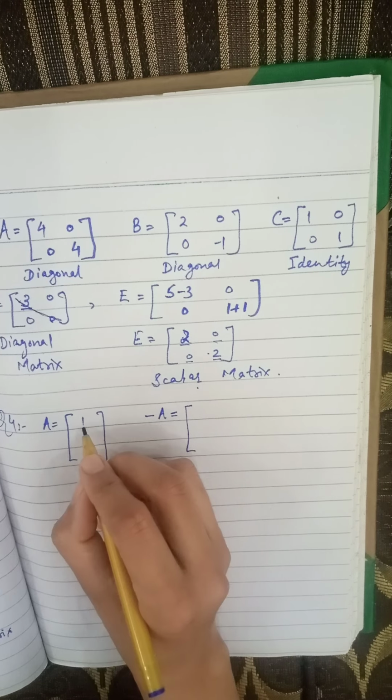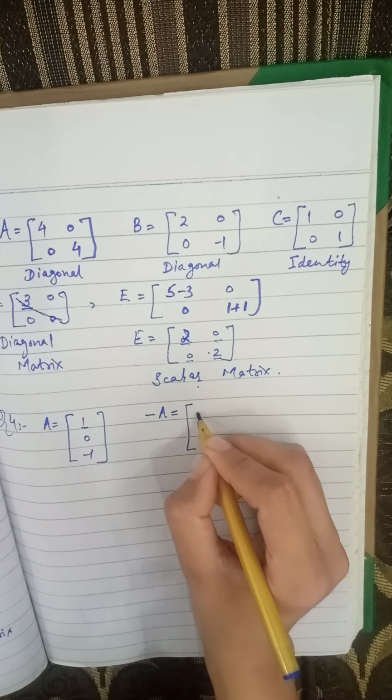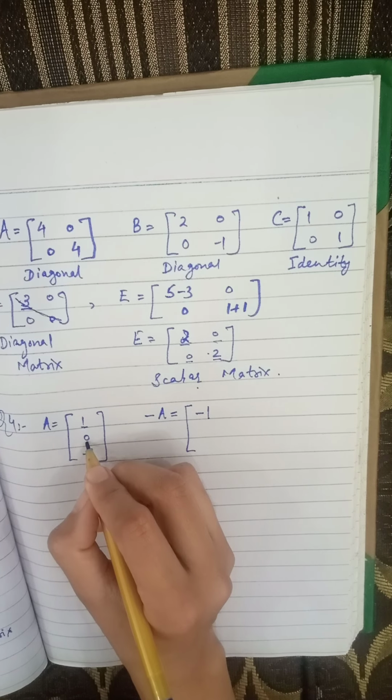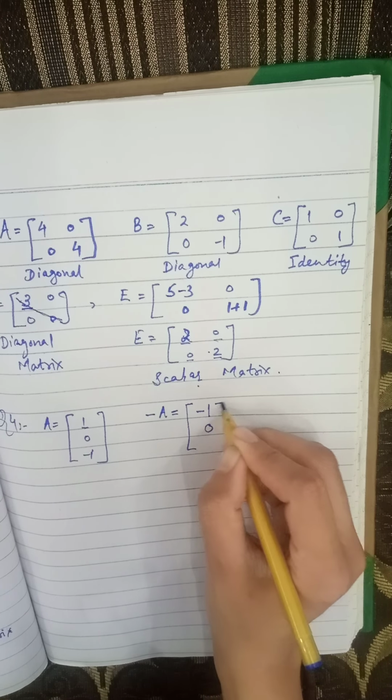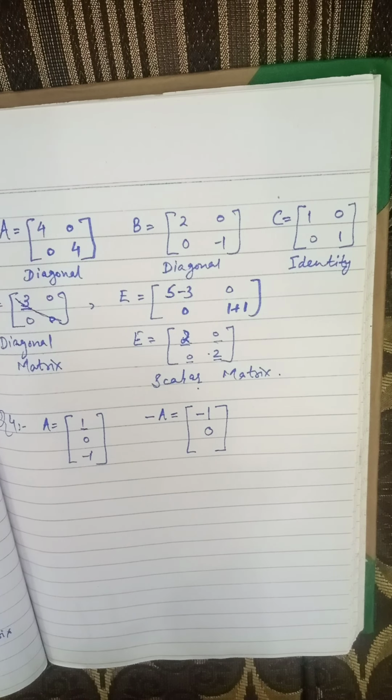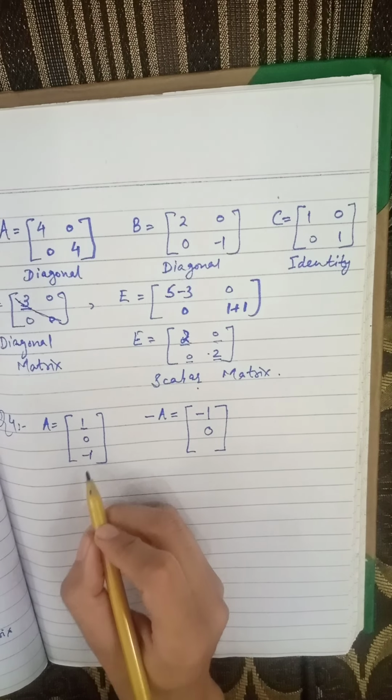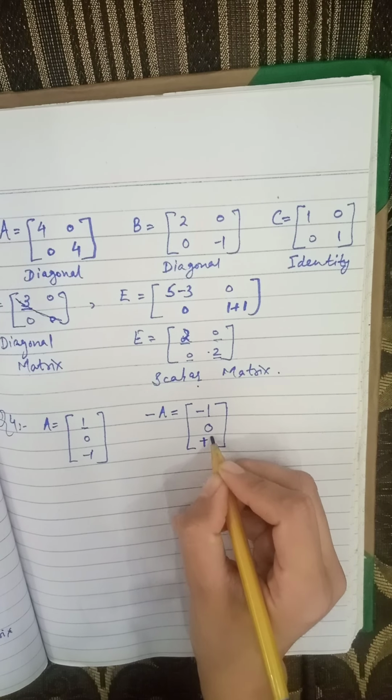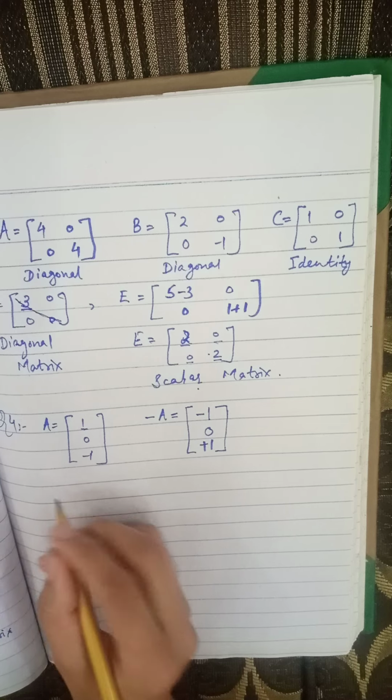Minus A, 1 would be changed into minus 1. 0, we can never use the negative sign with 0. 0 is always neutral. Then minus 1 would be changed into positive 1.